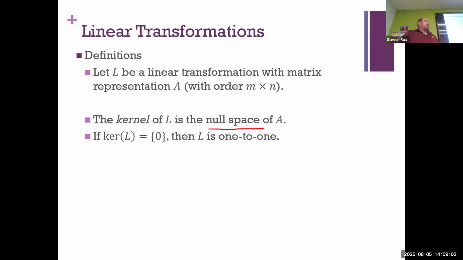If I'm looking at a matrix, I want to know what are all the vectors that I could multiply that matrix by and 0 comes out. So null space and kernel say the same thing. If your transformation is one-to-one, then the only vector that gets sent to 0 is 0.